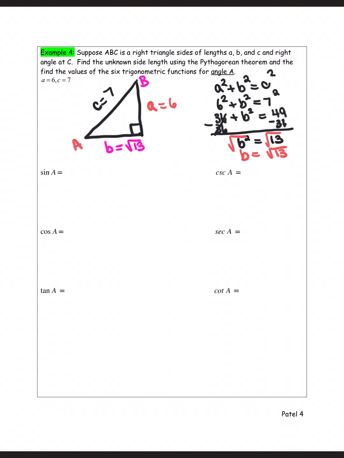Okay, so we're doing everything in relationship to angle A. So opposite to angle A is side A. Adjacent to angle A is side B. And we're following the SOHCAHTOA.